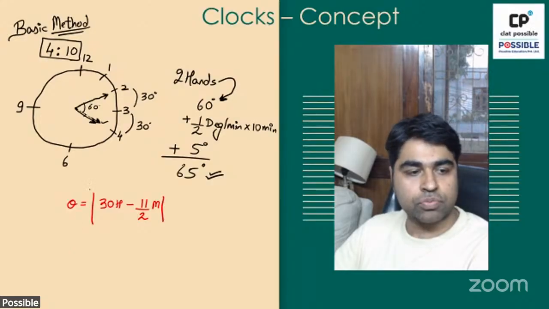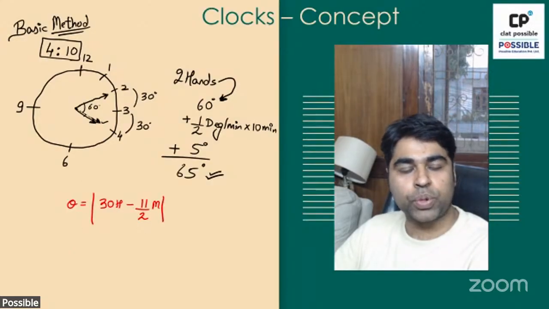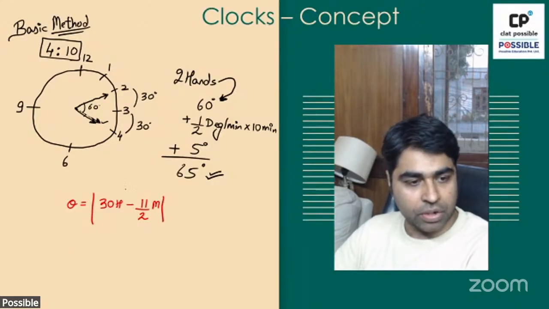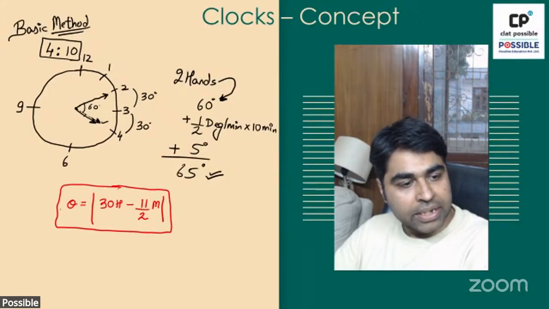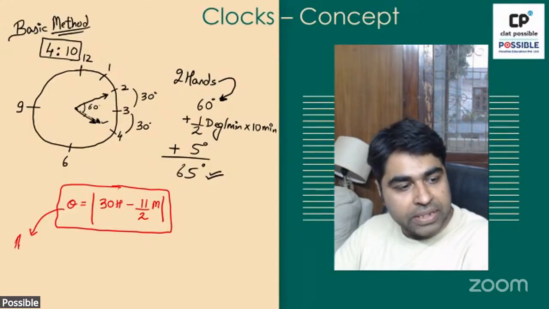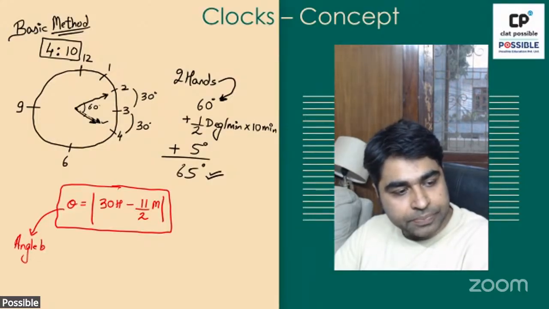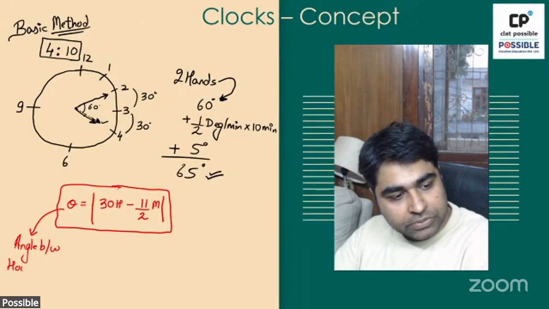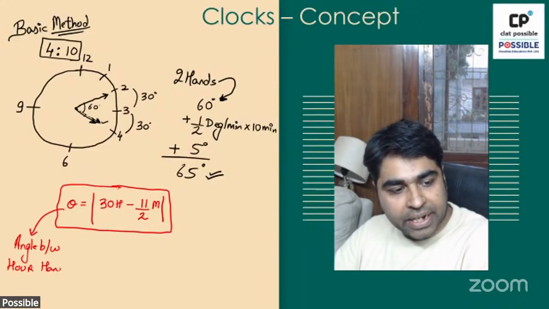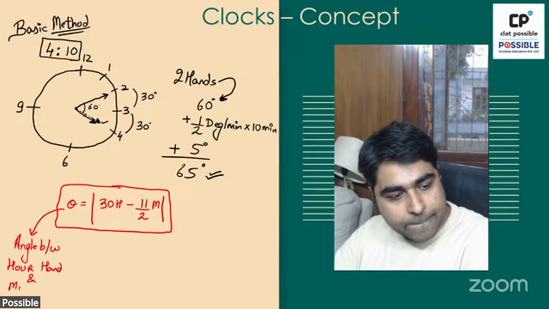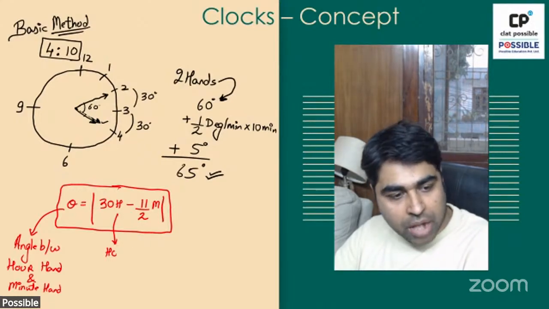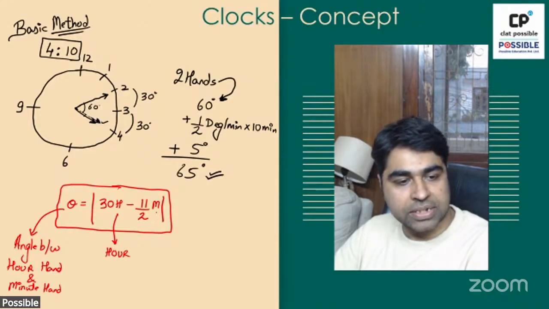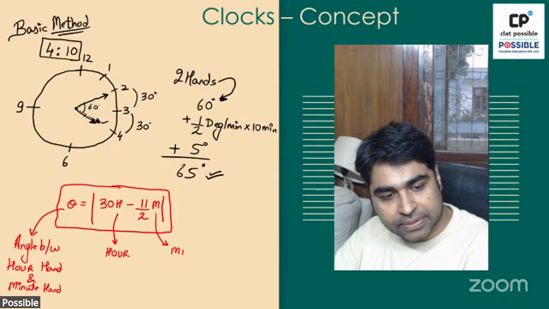So theta is equal to mod of 30h minus 11 upon 2m, which becomes the formula for the angle between the two hands, wherein theta denotes the angle between the hour hand and the minute hand, h denotes the hour, that is the time in terms of hours, and m denotes minutes.